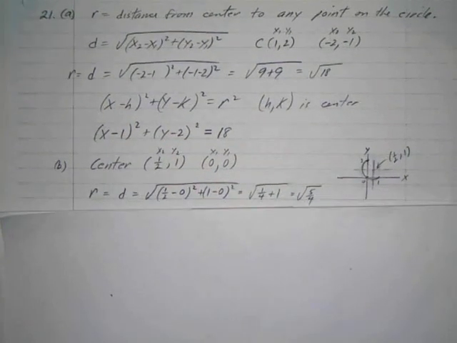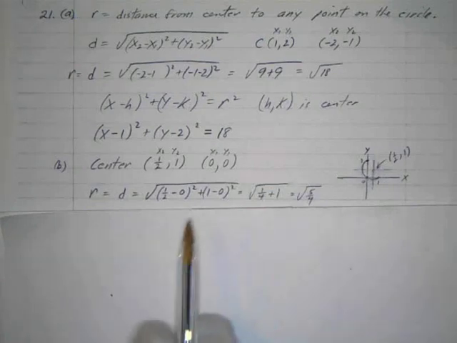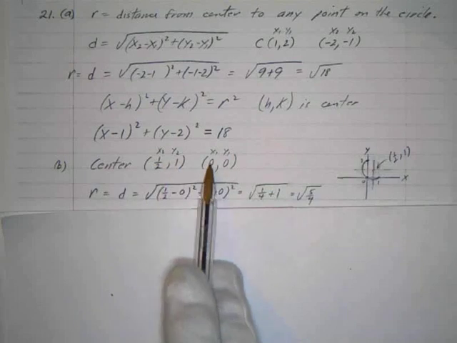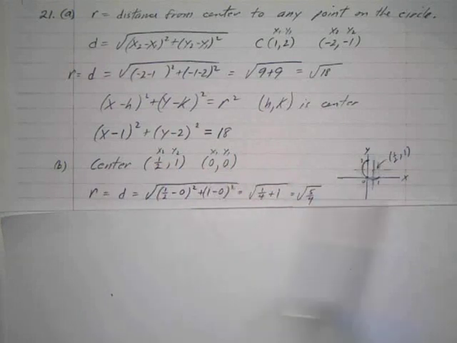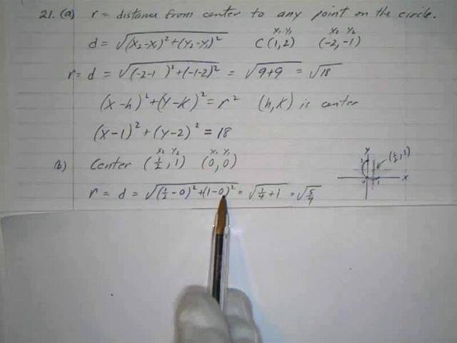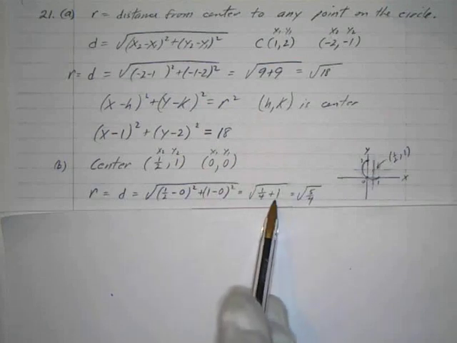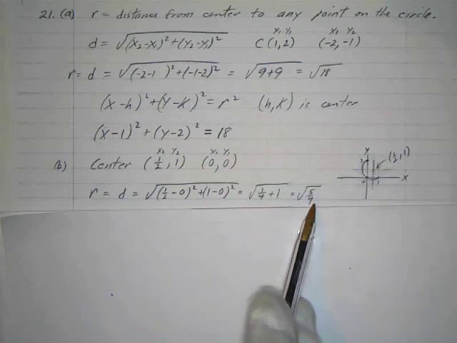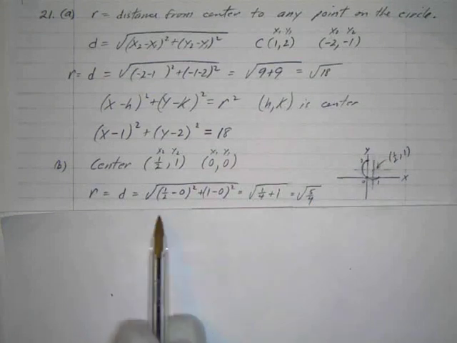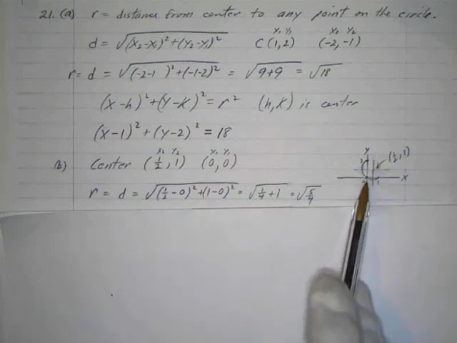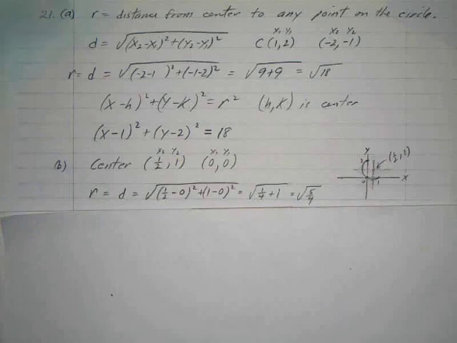I call this x2, y2, and this x1, y1: the square root of (x2 minus x1) squared plus (y2 minus y1) squared. That ends up being 1/4 plus 1, so my distance was the square root of 5/4. That's the distance from the center of the circle to one of the points, so that's going to be the radius.